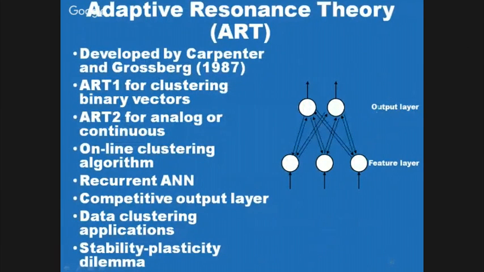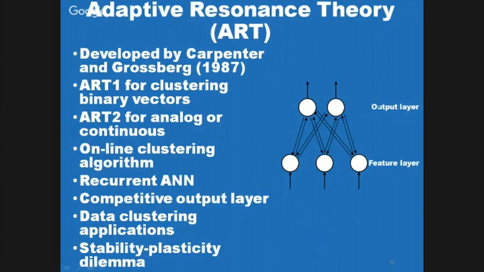Now the next one is adaptive resonance theory, right? Adaptive resonance theory was developed by Carpenter and Grossberg in 1987. There are two main types of ART: ART1 and ART2.